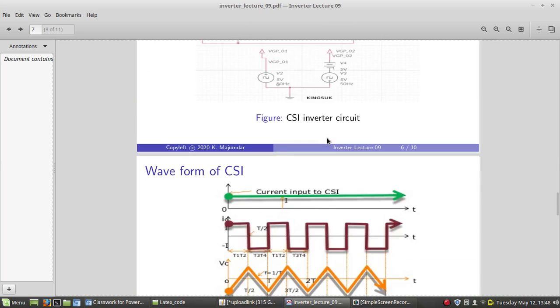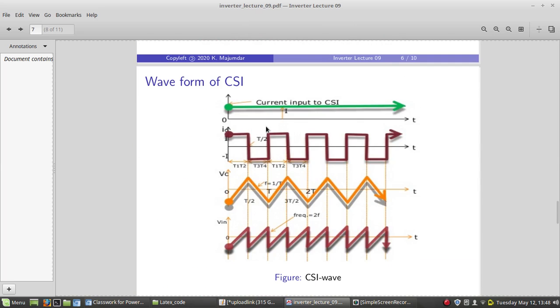Now let's see how the waveforms look. This is the input current from the current source inverter, where we can observe that the current source is a fixed DC, so there is no change in the input current.